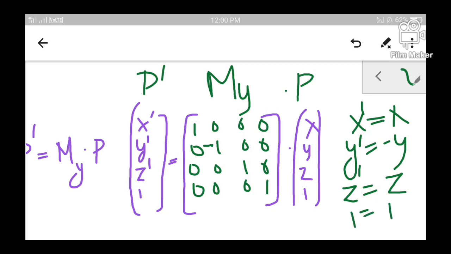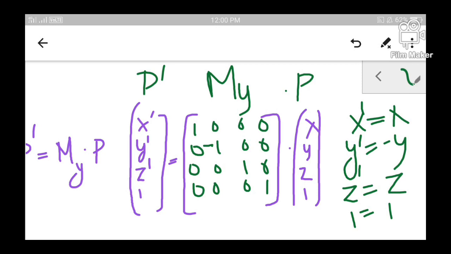So in this way you can obtain 3 different transformation equations for reflection. First one was reflection about the x-axis, where only x becomes negative and all other terms are positive. Second was reflection about the y-axis.